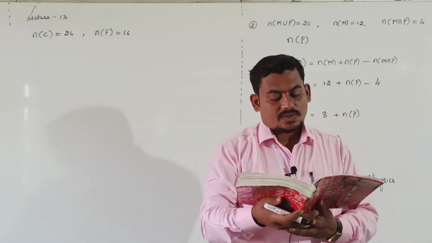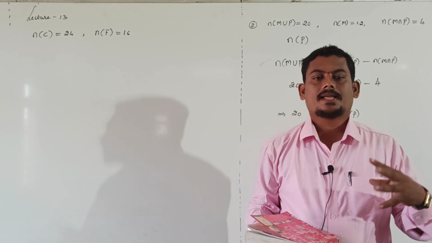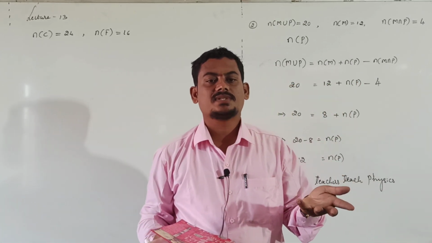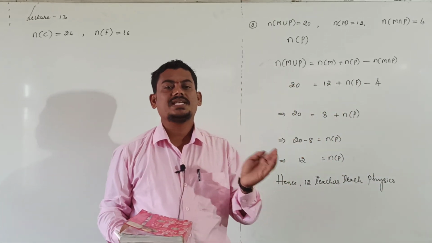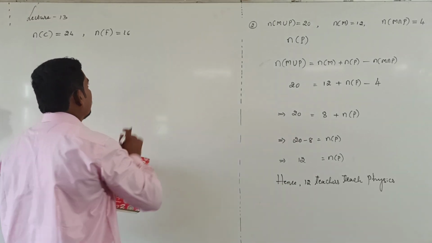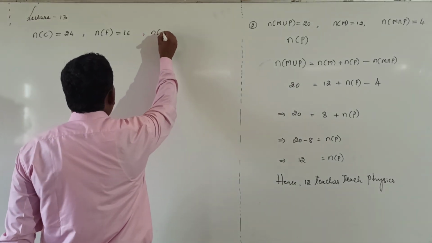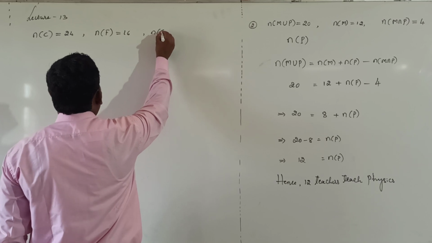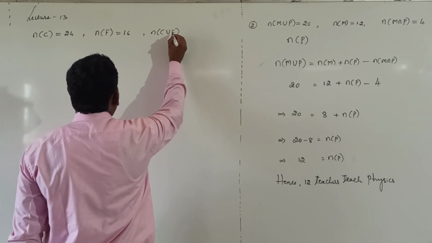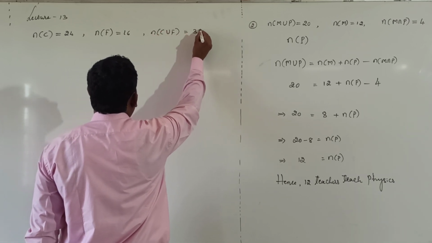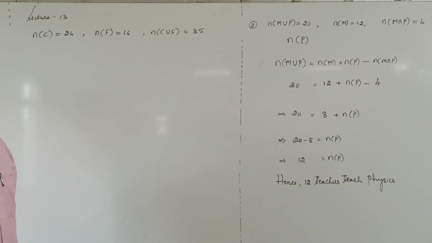And at least one of these two games means union. n(C union F) is equal to 35. We need to find the intersection value.